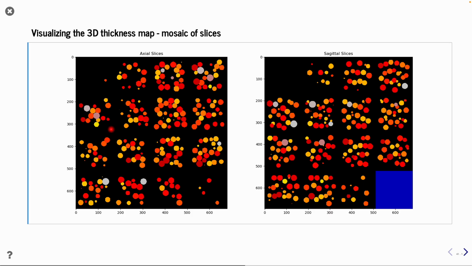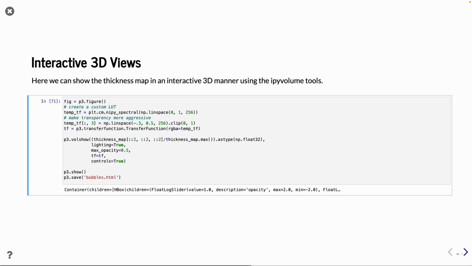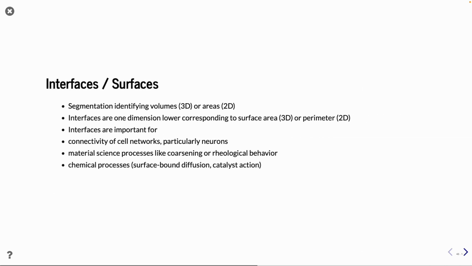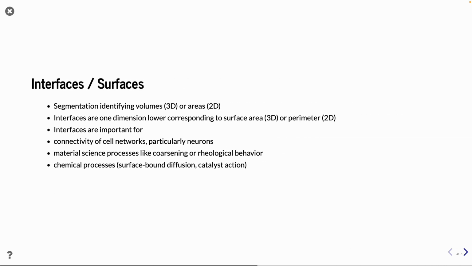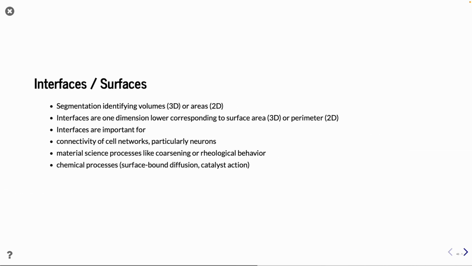You can see, again, they're color coded now for the bubble size. Interactive 3D views would be to use the ipyvolume tools. I'm not going to show that here now.